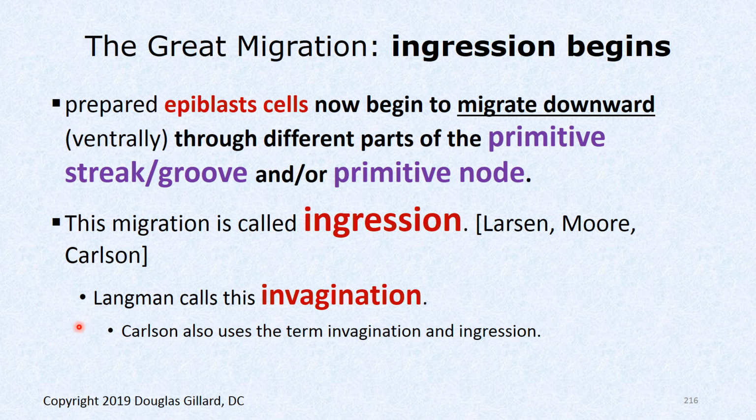Great. We have Langman saying this important phase of gastrulation is invagination. So what's a chiropractic student to do? The only choice you have is to memorize both of these AKAs, which is unfortunate. These two chiropractic board examiner books should get on the same page and make things easier, but they don't. So you've got to know ingression is the AKA for invagination. It's an AKA for migration, which is more understandable.